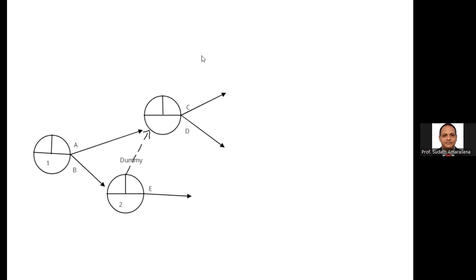Now consider the next one. For F, we should complete D and E. We need to complete D and E. Now we can complete D and E after the fourth event.